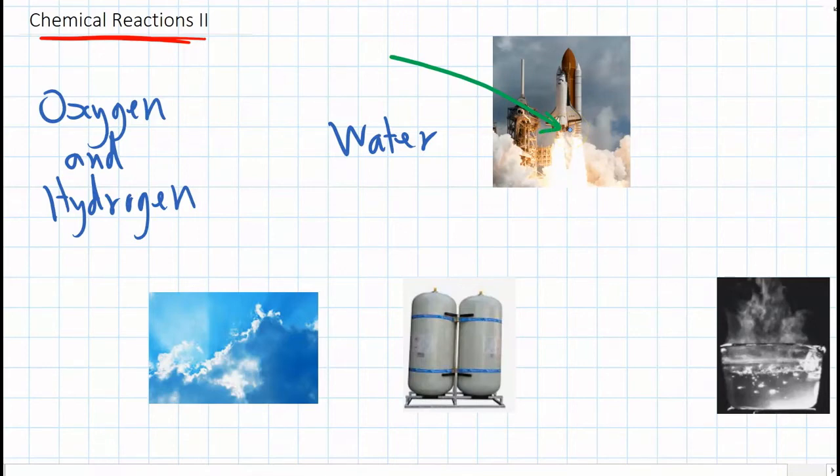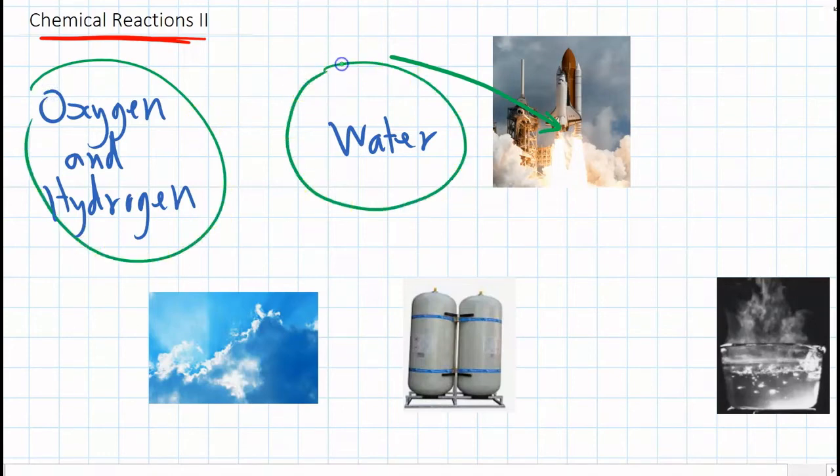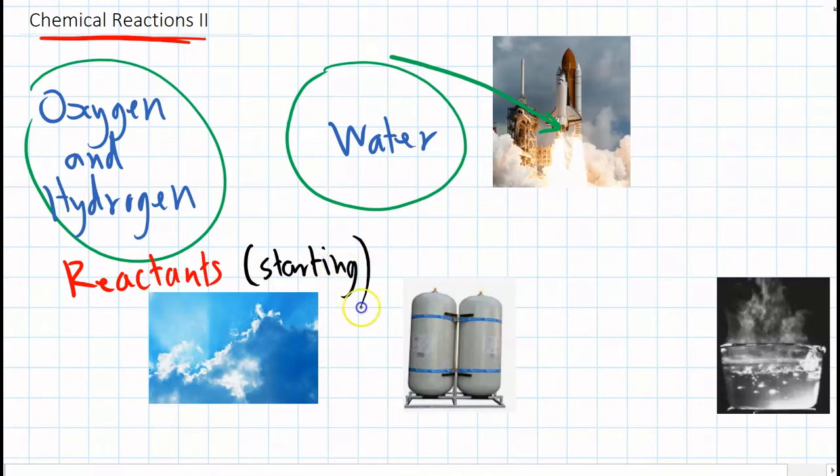But the main point is that we start off with oxygen and hydrogen, and then the final material is water at the end. So when you're describing a chemical reaction, the starting materials are called the reactants. So they're the starting materials, and water in this reaction is called the product.